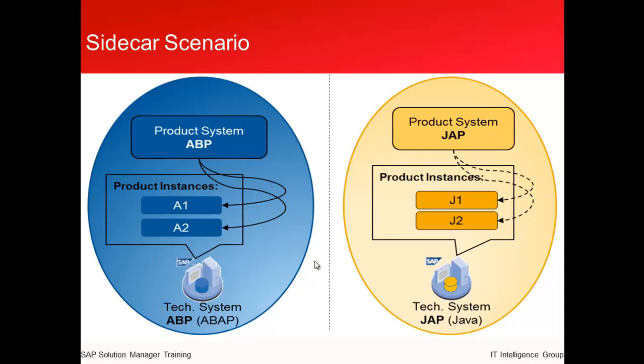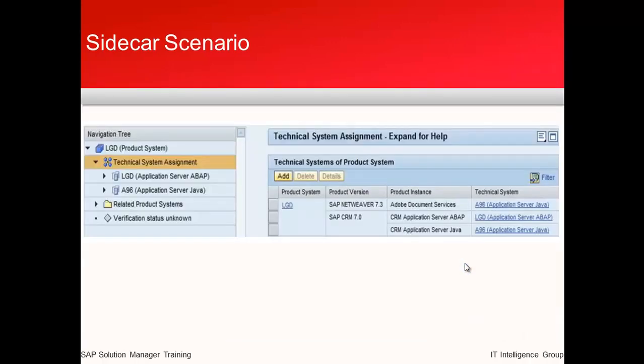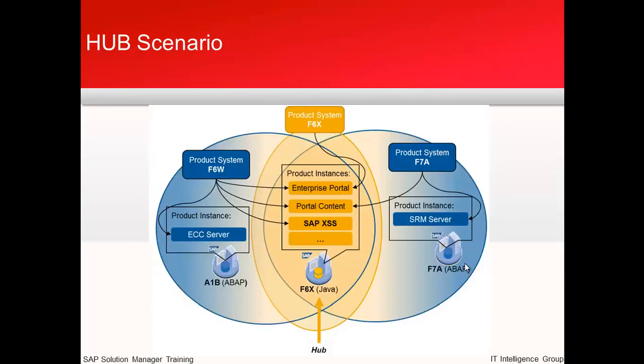So this is a sidecar scenario because the technical system we define is used by only one product system in both cases, here as well as here. Now let's see the hub scenario.